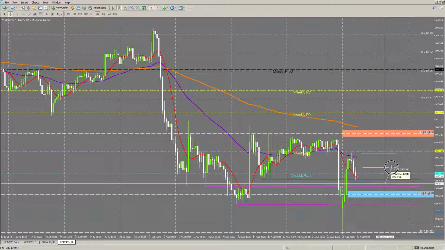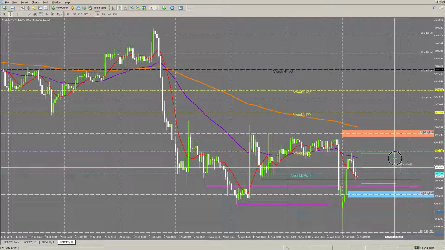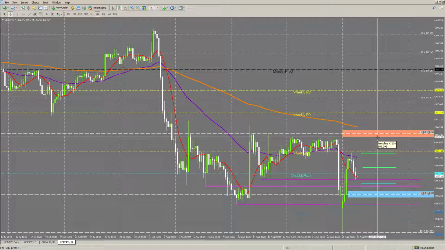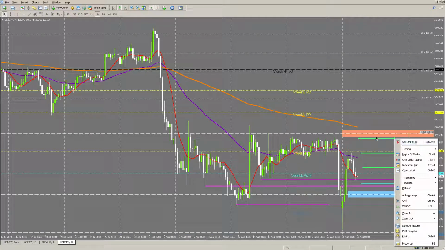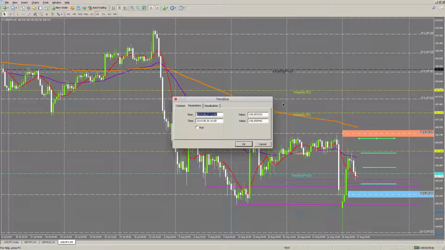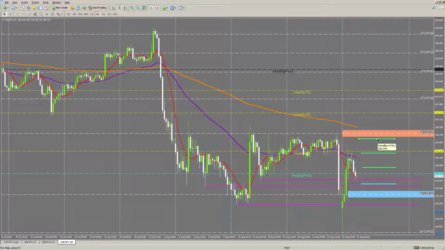So that's 40 pips for our first take profit and another 35 to our TP2, and eventually we'll try to target the 106.70 area. We can go with 106.65 just to round it off.